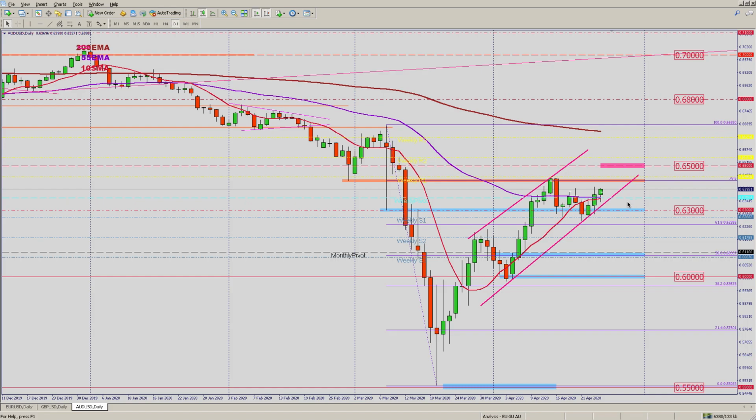If it falls back below the 55 EMA and the 0.63 support, the 62 fib is still going to be a key one for support. Otherwise, it could fall all the way back to the monthly pivot at 0.6110.